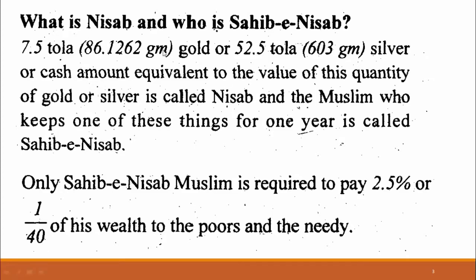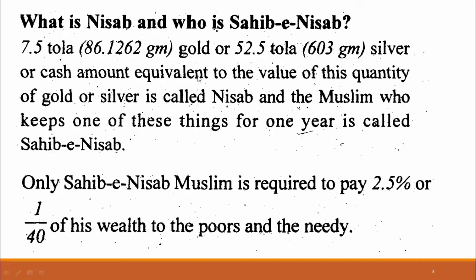So dear students, this point is very important. What is the nisab for the zakat, and what is sahib nisab? 7.5 tola gold means 86.1262 gram, or 52.5 tola silver 603 gram, or any cash amount equivalent to these two values.